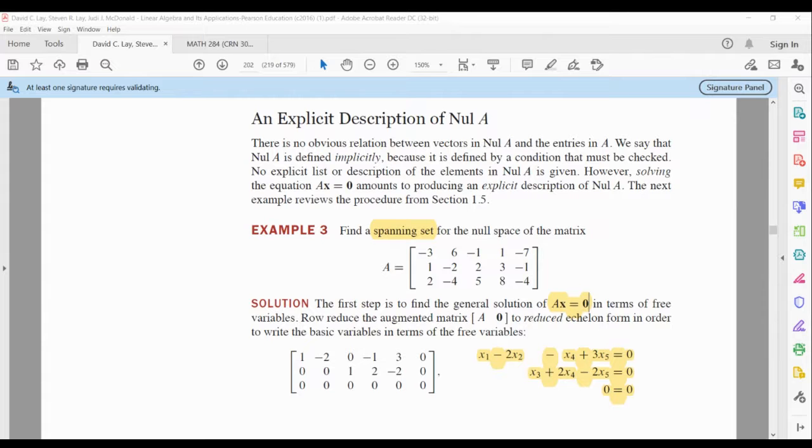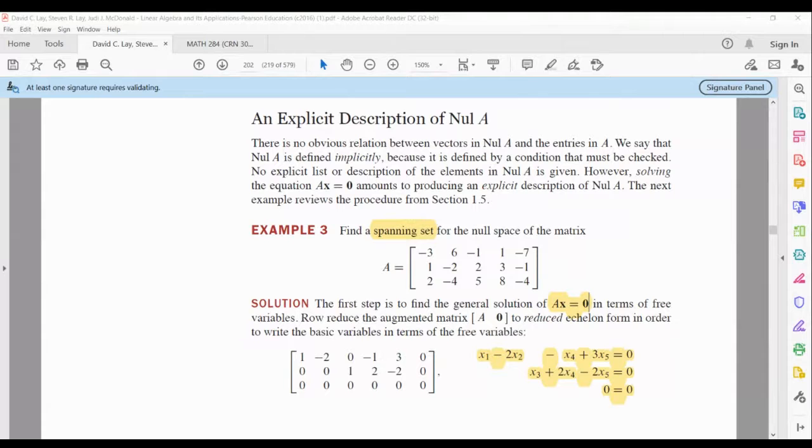Well, in order for matrix multiplication to be defined, A times the vector X, what are the dimensions on A? Very good, Benjamin. Thank you. The matrix A is a 3 by 5 matrix.